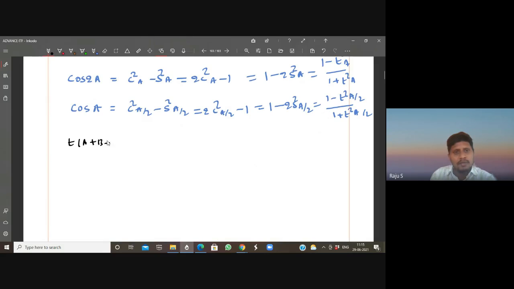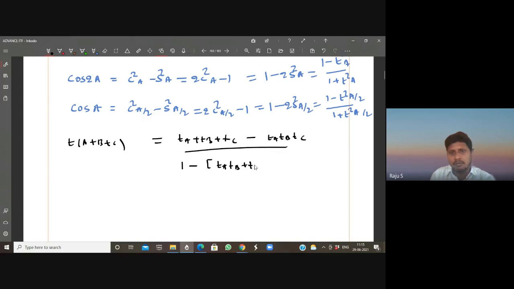Tan of a plus b plus c is equal to tan a plus tan b plus tan c minus tan a tan b tan c, divided by 1 minus bracket tan a tan b plus tan b tan c plus tan c tan a. That's all. This is the formula.